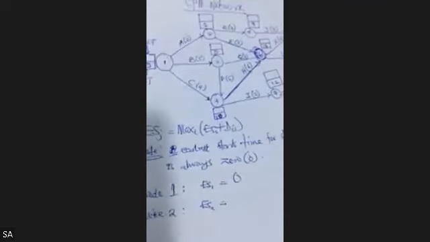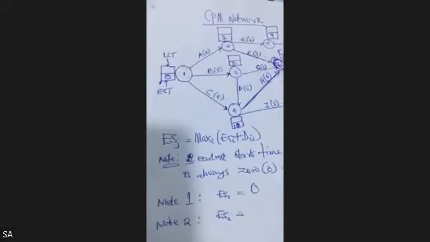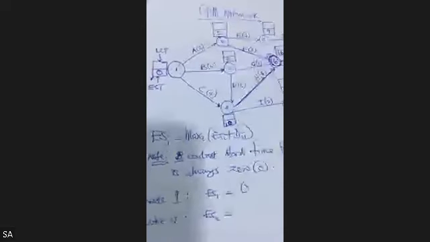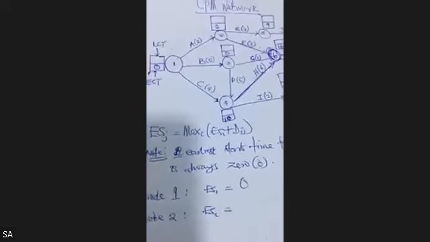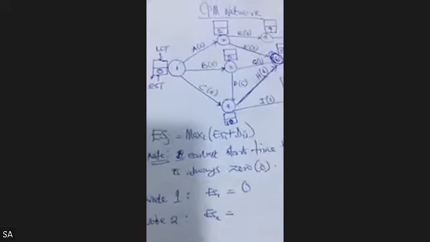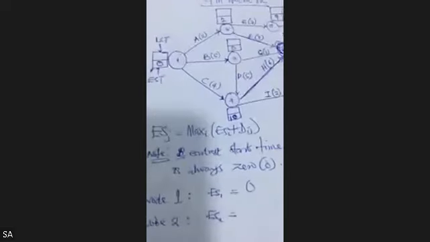Forward pass. Yes, it's the same, because we are looking at possible paths. In order for us to get critical paths, you first of all need to obtain the possible paths.